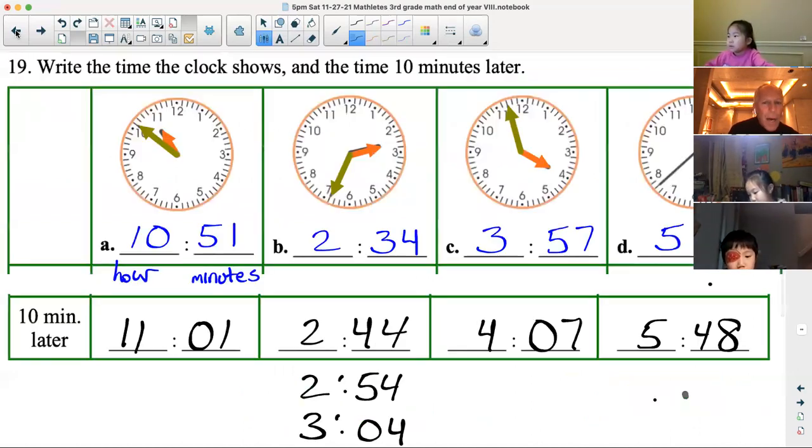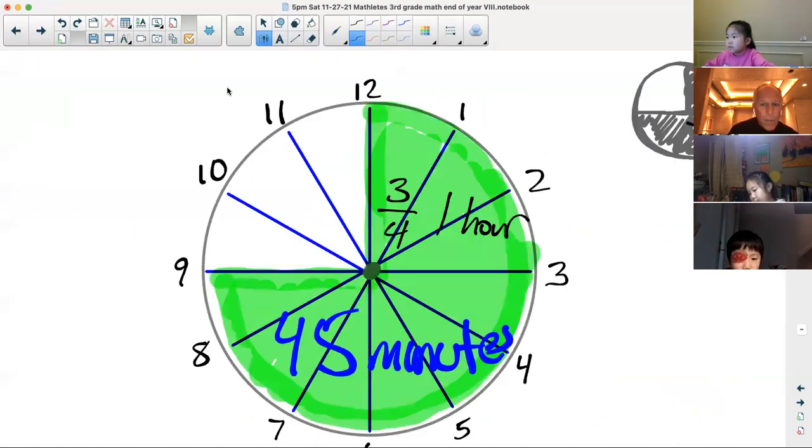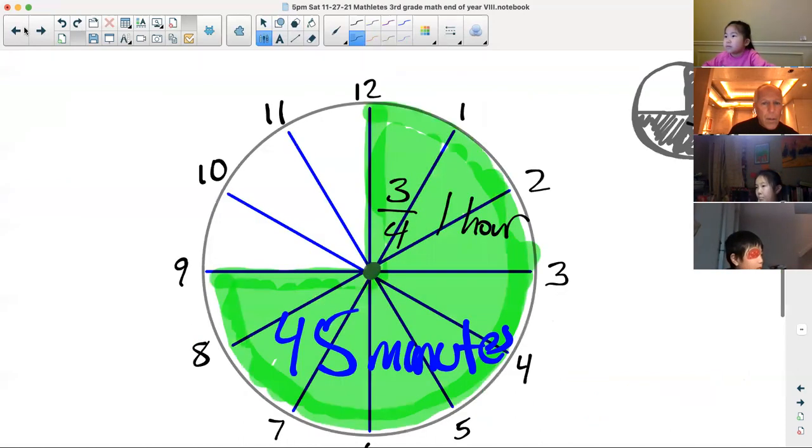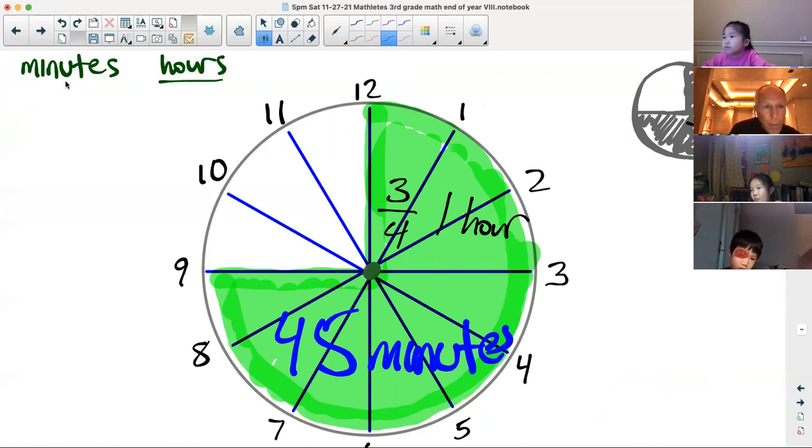Now, going back to this page here, which is really kind of fun. Okay, here we are. So if I have minutes and I have hours, so I know that 45 minutes equals 3/4 of an hour.